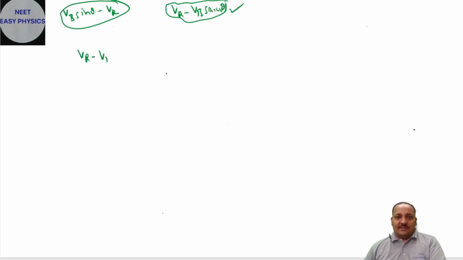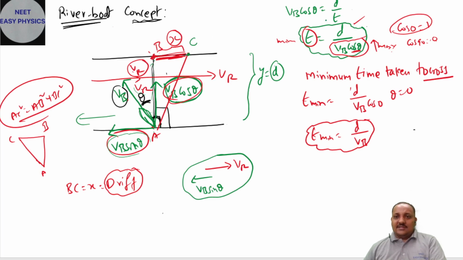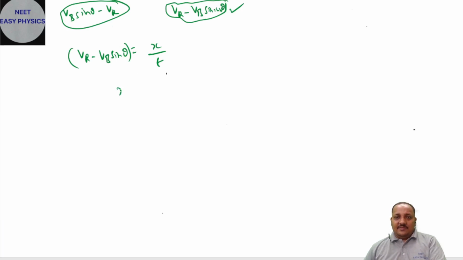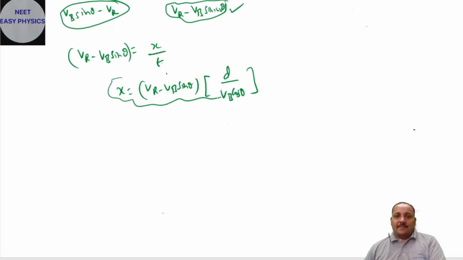So VR minus VB sin theta is velocity equal to distance by time. How much time it takes to cross to the other side, already we derived. Therefore, x is equal to VR minus VB sin theta into t, and t is nothing but d by VB cos theta. This is the drift formula.